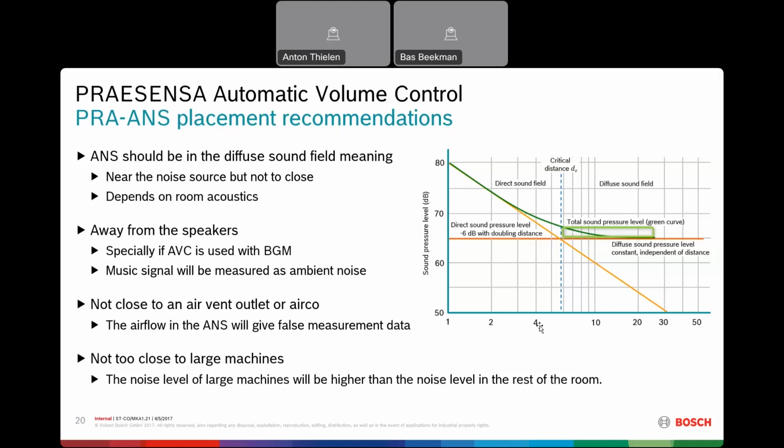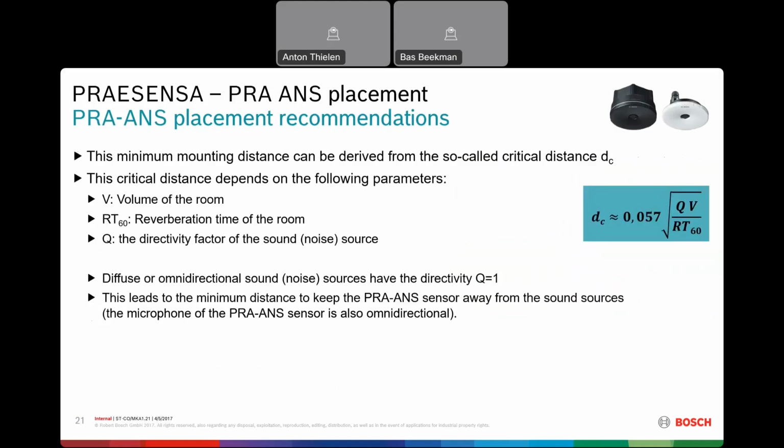The noise level of large machines will be higher than the noise level in the rest of the room. So you really need to look at which are your sound sources, and stay away from the direct sound field of all these different sources. But where is this critical distance? There is a formula for that.